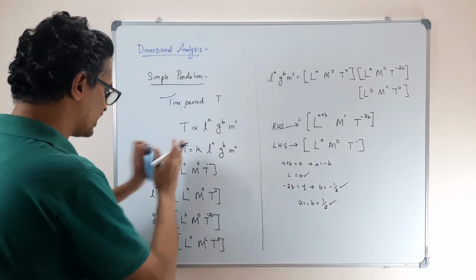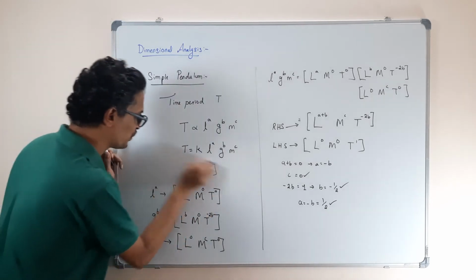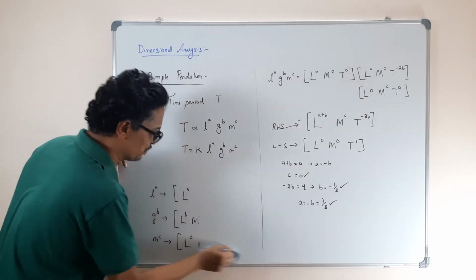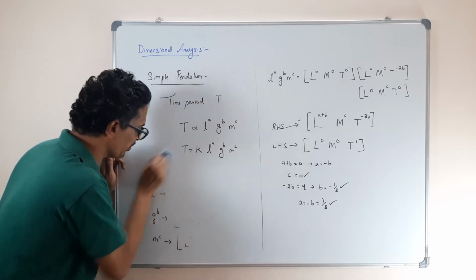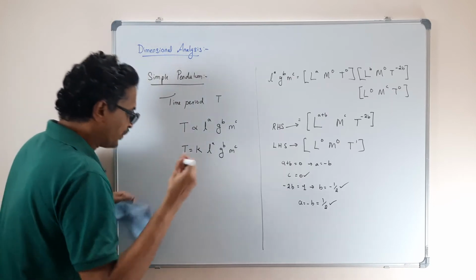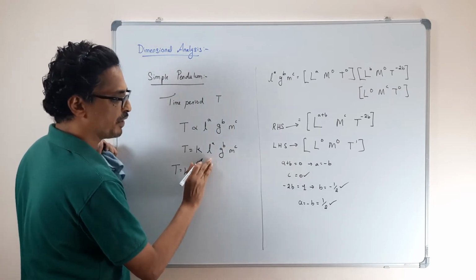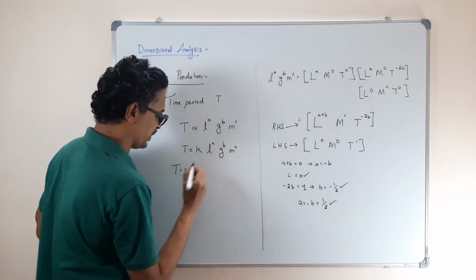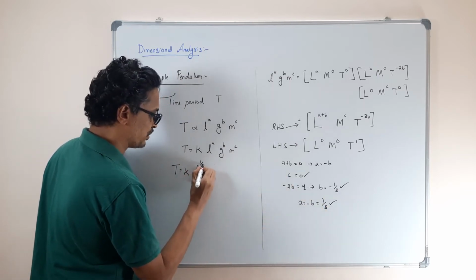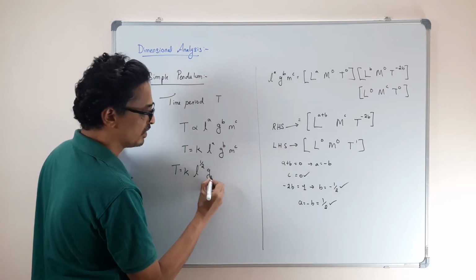Then we can simply substitute these values here. So the time period will be K L^a. L power a is what? 1 by 2. g^b. g power b is what?